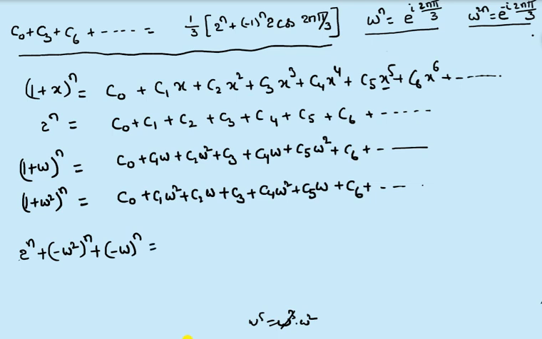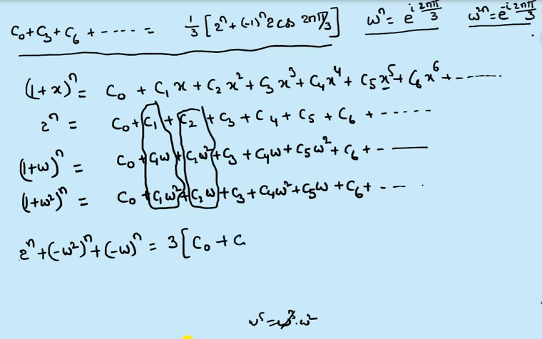So this is equal to, what we can write, 3 times c0, because you see all these terms, if you take c1 common, 1 plus omega plus omega square is 0, all these terms if you take c2 common, 1 plus omega plus omega square is 0, again 3 times c3, next terms 0, next term also 0, again you will get c6 and so on, right?